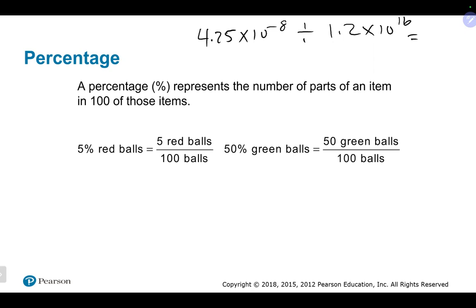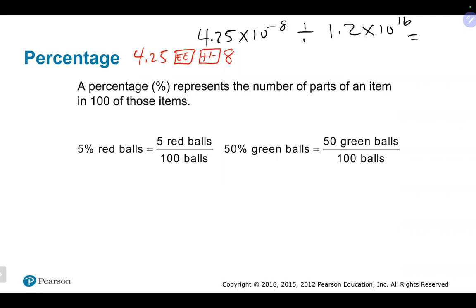Correctly, you should put into your calculator 4.25. Obviously, if you have the other calculator we talked about, then you should start with the parentheses. You then should hit your exponent button. And this is -8, so we will hit our negative button. We will hit 8, and that is the proper way, again, to punch it in.